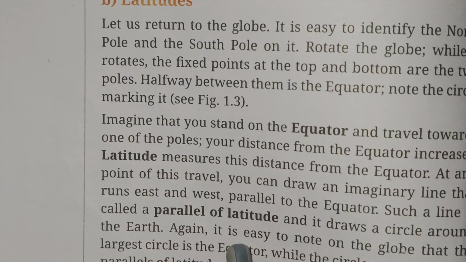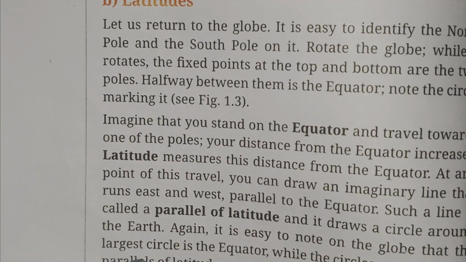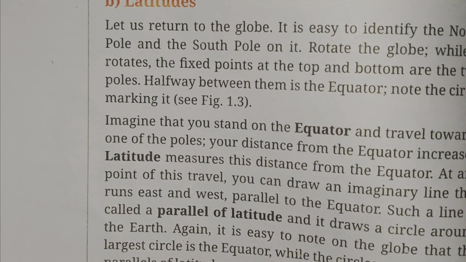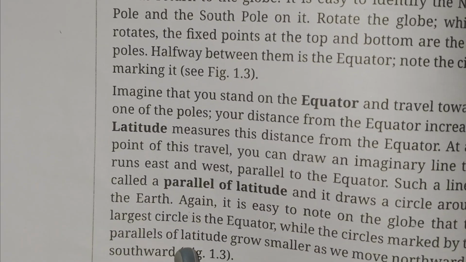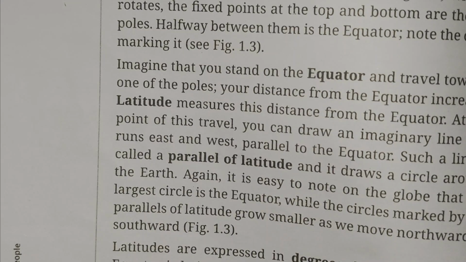Again, it is easy to note on the globe that the largest circle is the equator, while the circles marked by the parallels of latitude grow smaller as we move northward or southward.